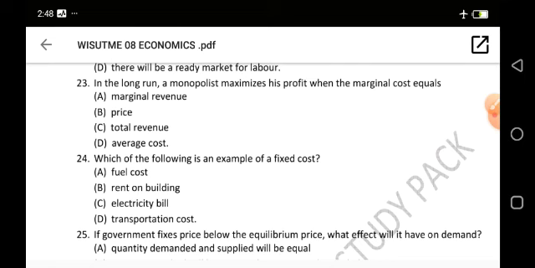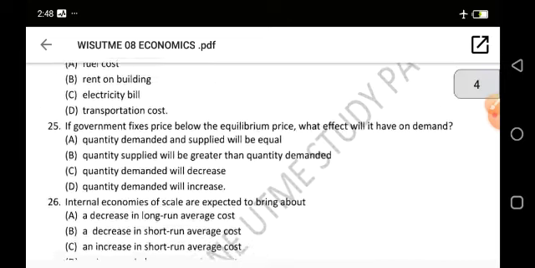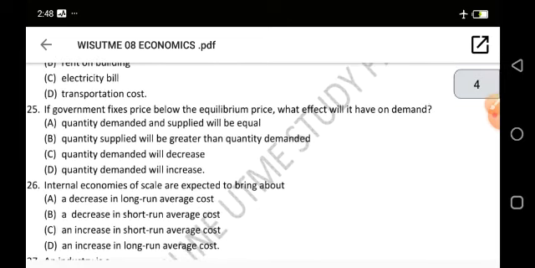Number 25, which is where I will stop. If government fixes price below the equilibrium point, what effect will it have on demand? Let me quickly help you to draw the diagram on that.